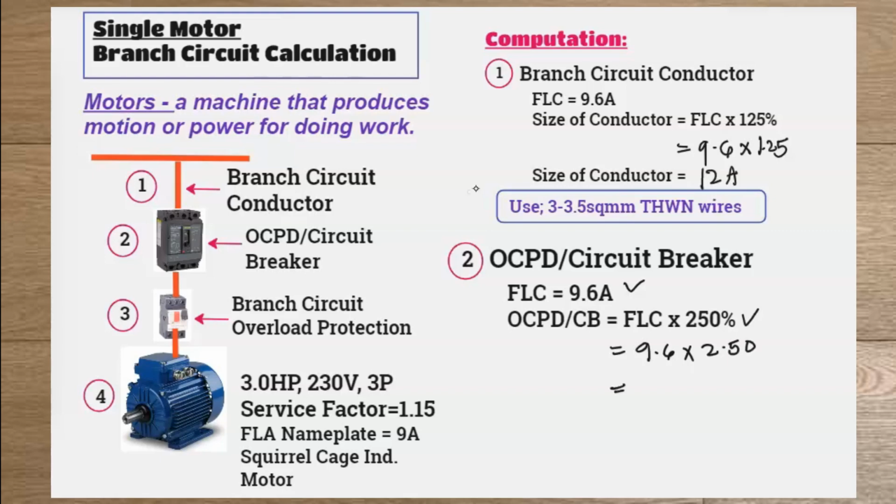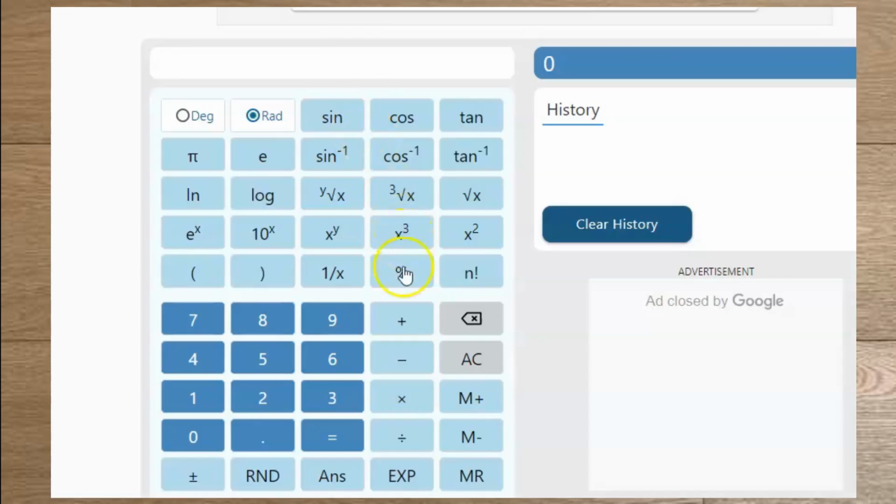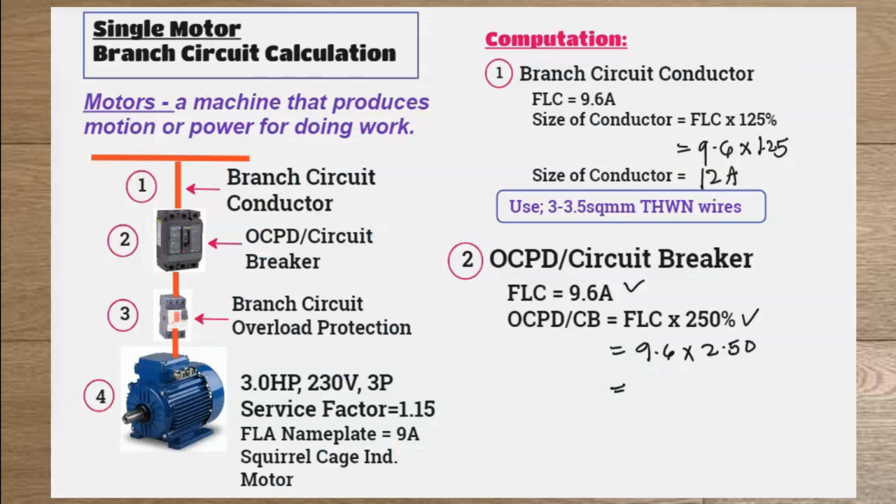Using our calculator, that is 9.6 times 2.50, so we have 24 amperes. This is the reference we will use to size our ground fault protective device. Let's look at the table to see what rating will fit.